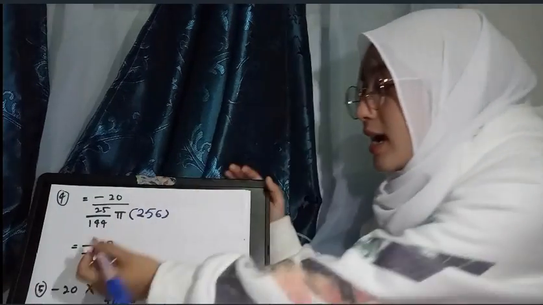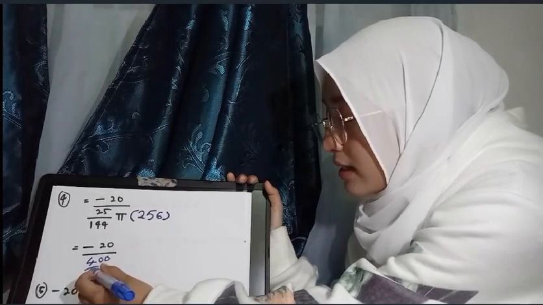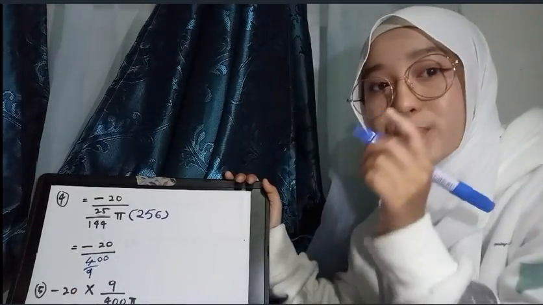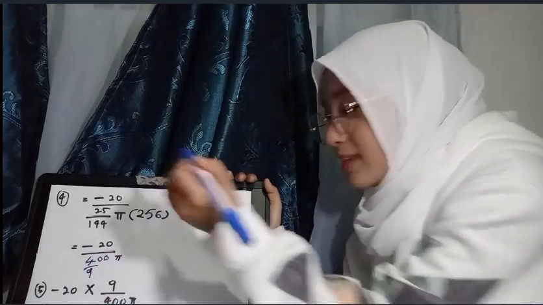So the answer is 400 over 9, and don't forget to put your pi. Yeah, that's the answer.